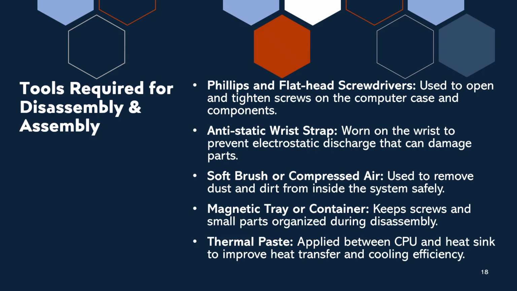Soft brush or compressed air is used to remove dust and dirt from inside the system safely. Magnetic tray or container keeps screws and small parts organized during disassembly. Thermal paste is applied between the CPU and heat sink to improve heat transfer and cooling efficiency.